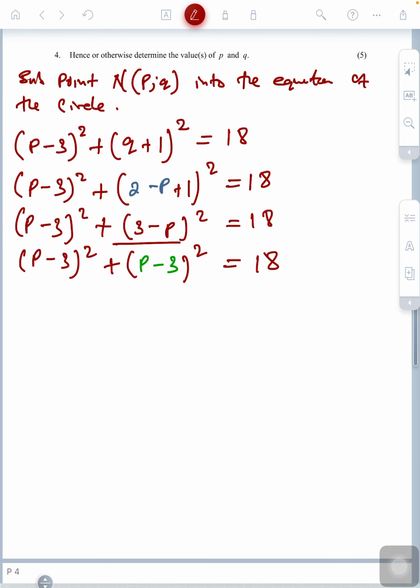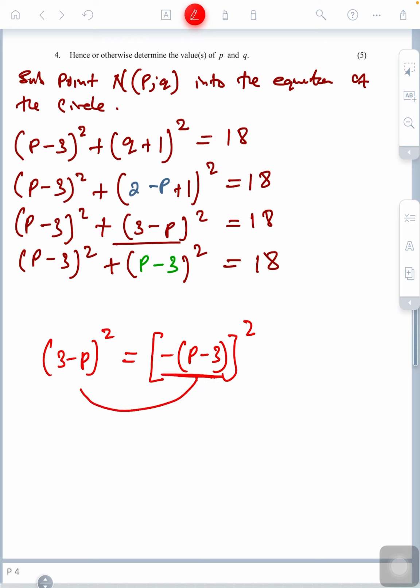What you do is you say to yourself, it's (3 minus p) all squared, which can be written as you take the negative and then you write (p minus 3), and then you square that. So if you remove the brackets here, you're going to get back that stuff. It's basically the same thing, but I want to play some algebra right there.